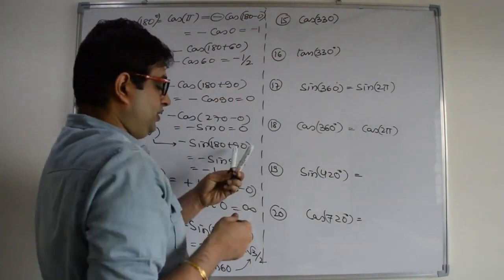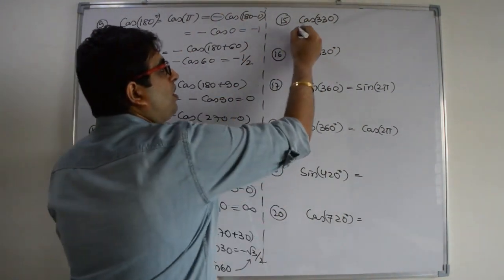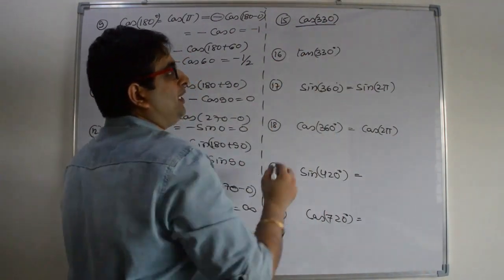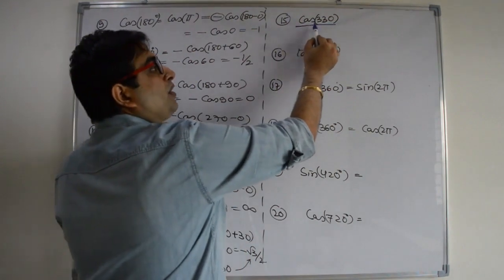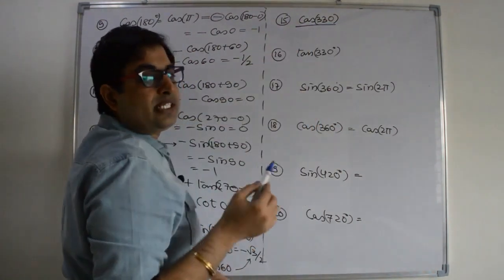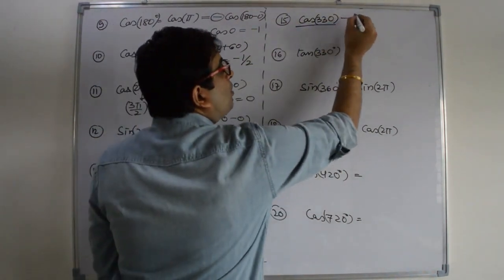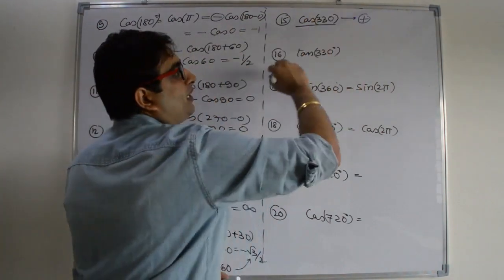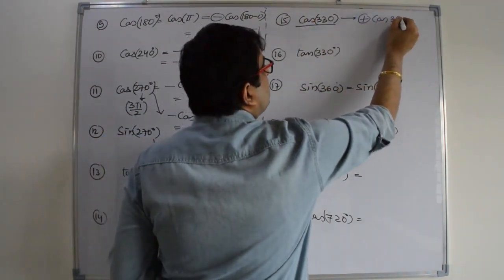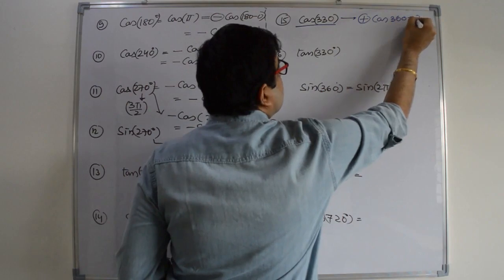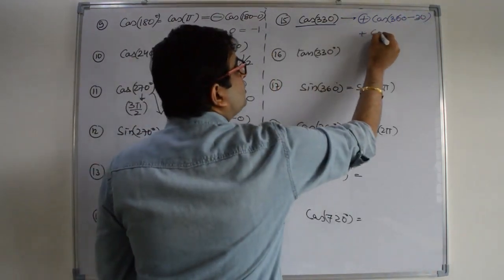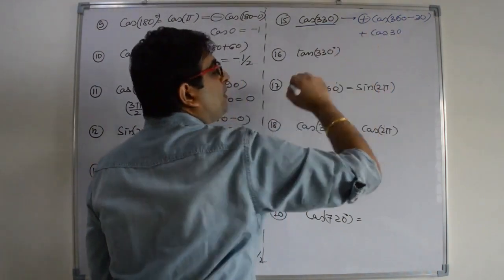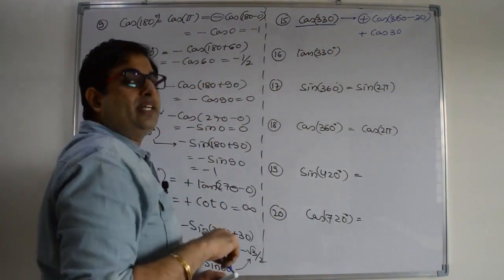Okay, now 330. Cos 330 is again in the fourth quadrant. Right? Because it is more than 270, less than 360. So cos is positive in the fourth quadrant, and you can break it in this way: 360 minus 30. So it becomes cos 30, because 360 quantity remains the same.